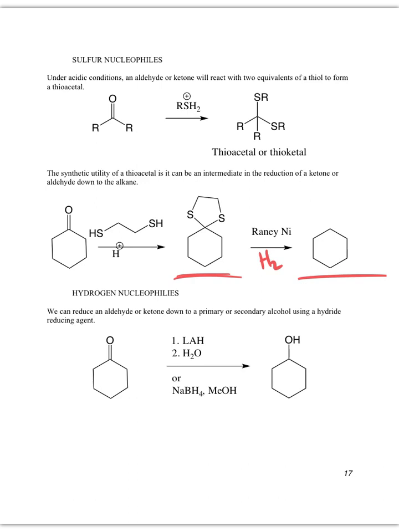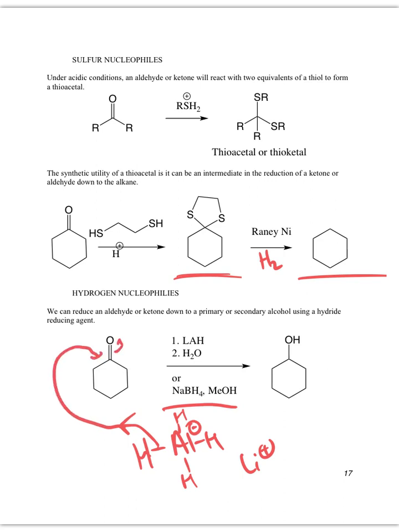Now we remember LAH and sodium borohydride from test 1. We can take the ketone or an aldehyde and reduce it down to the alcohol with whatever reducing agent. Lithium aluminum hydride, remember, the aluminum has 4 hydrogens on it, so there's a negative charge on the aluminum, but as one of the hydrides leaves, it takes the extra electrons with it, making the aluminum neutral, and it transfers to the carbonyl carbon, sending the electrons up.